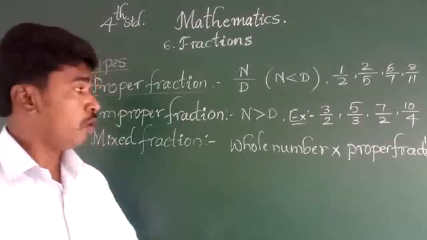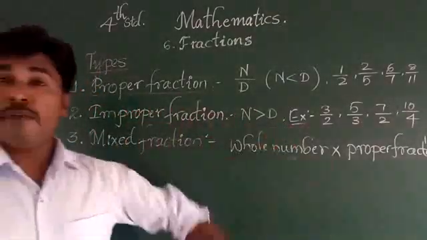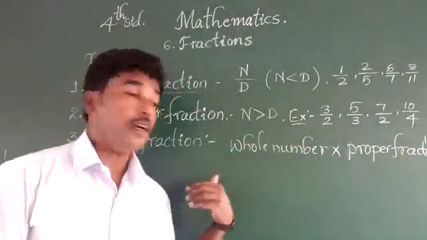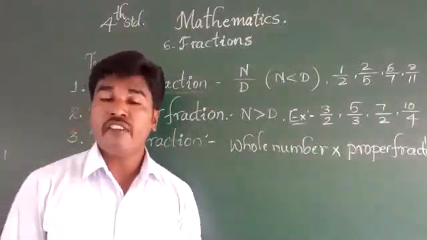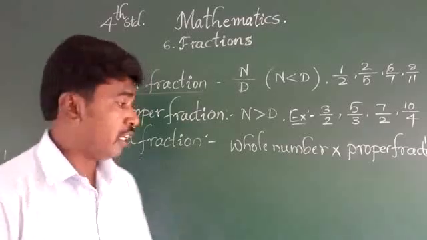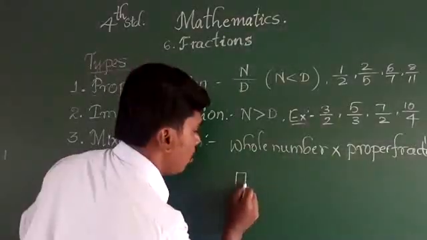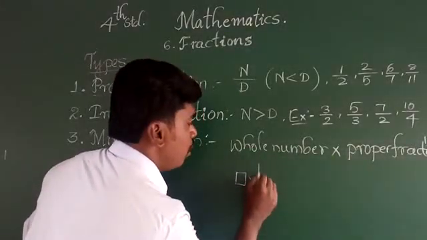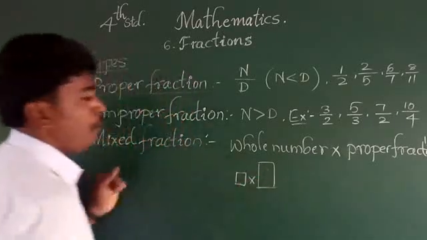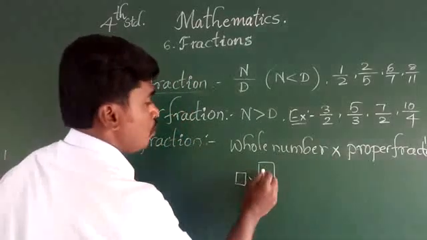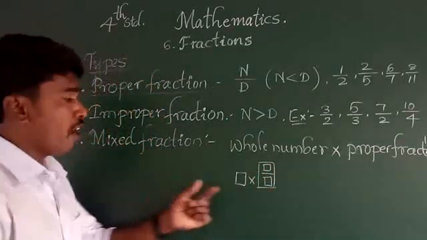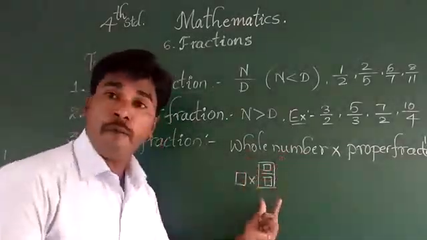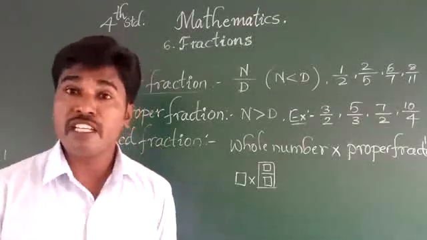Dear students, an improper fraction can be expressed as a whole number and a proper fraction, then it is called a mixed fraction. So it contains a number along with a proper fraction. So here there are two parts. If you are writing a number along with a proper fraction, then it is called a mixed fraction.